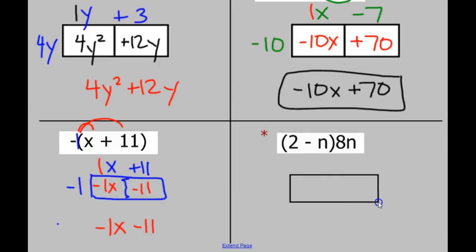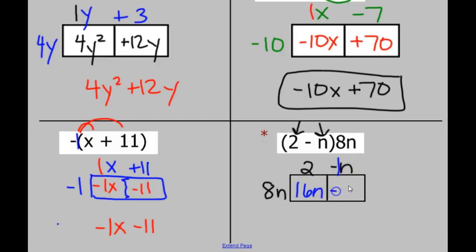Next, let's draw our box so we can multiply. We have two terms. Here we have 2 and negative n, so those are going to go on the top. And then out front we have 8n. This is really a negative 1n. Put the 1 there if you want. 8 times 2 is 16, multiplied by n.